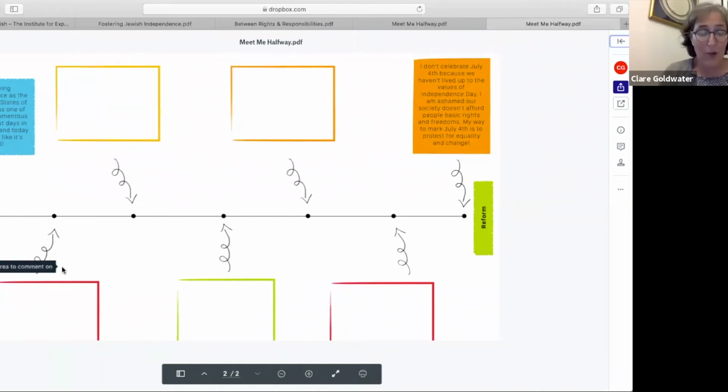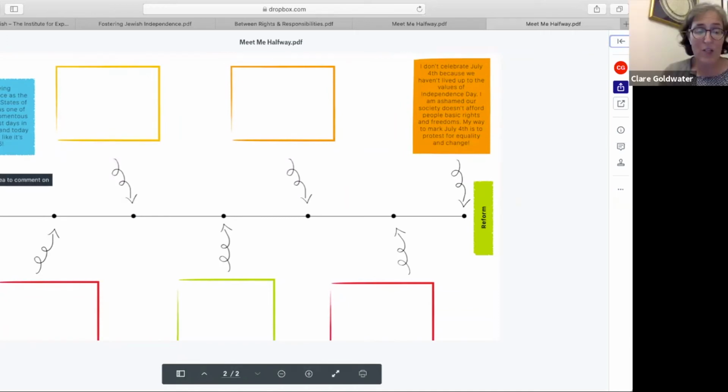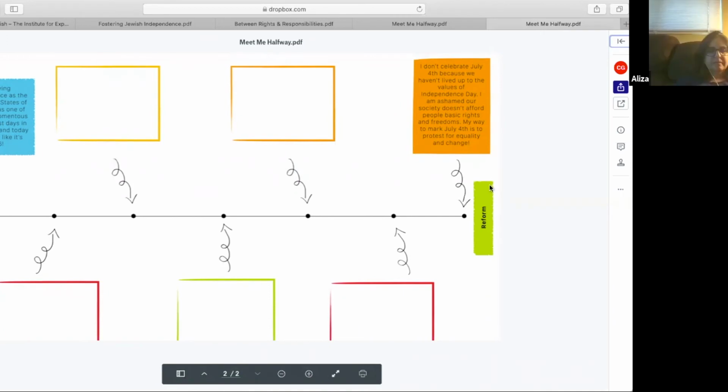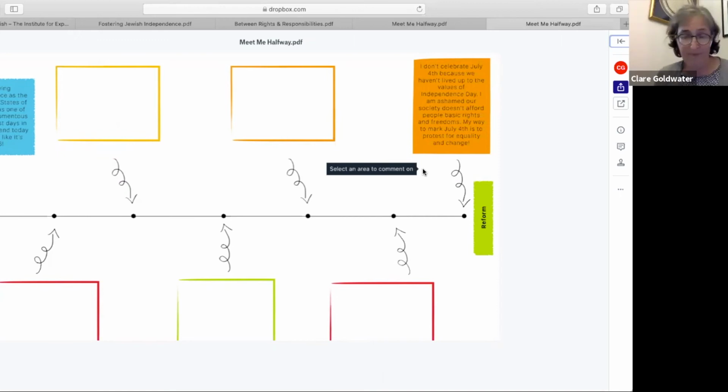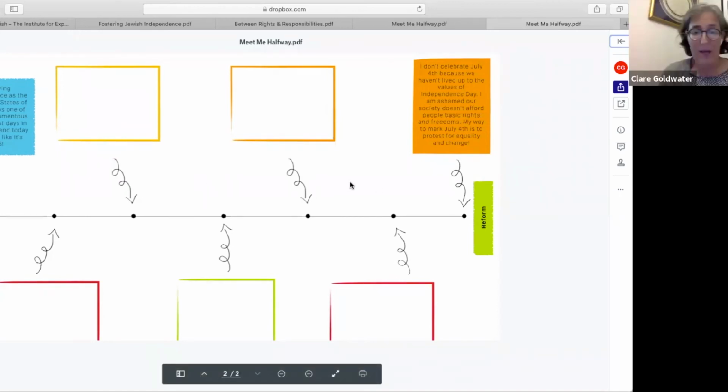And I'd love you to write where do you sit on this spectrum between celebrating the tradition as it always was with enormous celebration, or celebrating the need to change and really look at national independence in a different way. Take the text and write what you think somewhere along this spectrum. You can write it in a box or near a box, but try and place yourself somewhere between these two poles.